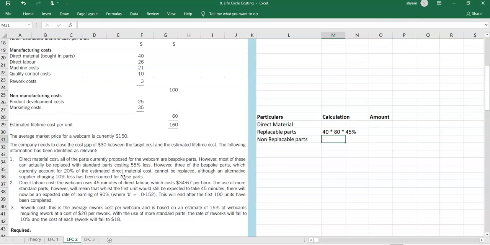The second part is going to be again the same thing. Sorry, the non-replaceable parts are 20%, and we can get a maximum discount.